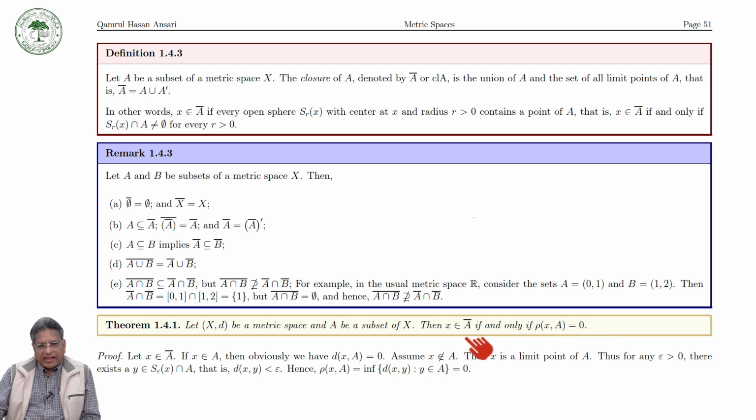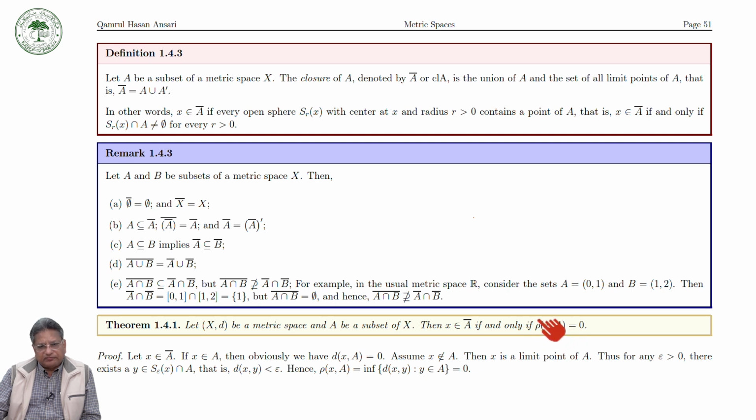The distance from x to A is equal to the infimum of d(x, y) where y is in A. So the infimum we are taking over A.